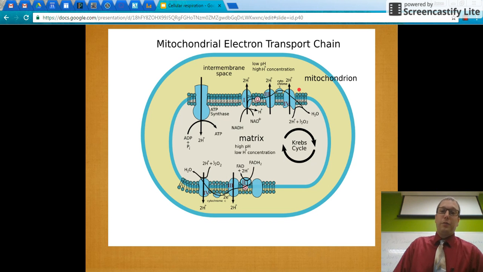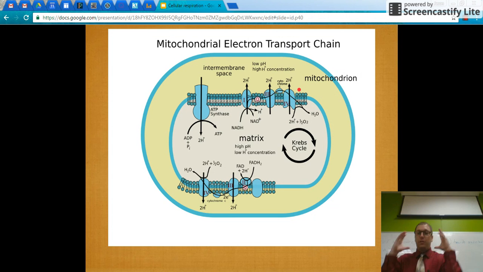So now we have a bunch of hydrogens above the membrane, not a lot of hydrogens down here. So through diffusion, they go back through ATP synthase, just like the electron transport chain of photosynthesis. And that ATP synthase molecule works to convert ADP into ATP.